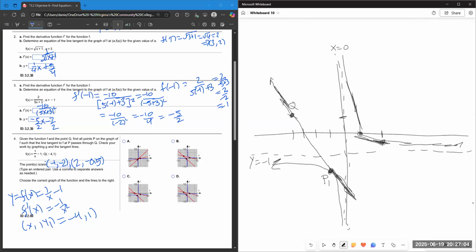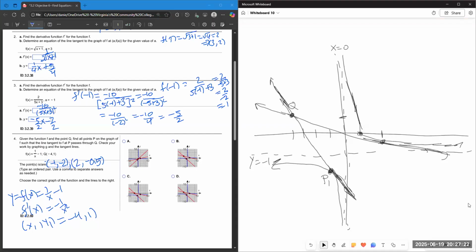That's going to go like this, up there through that point. Again, sorry, I'm not a graphing calculator. I don't draw perfectly. I want you to get an idea what our answer is supposed to look like.